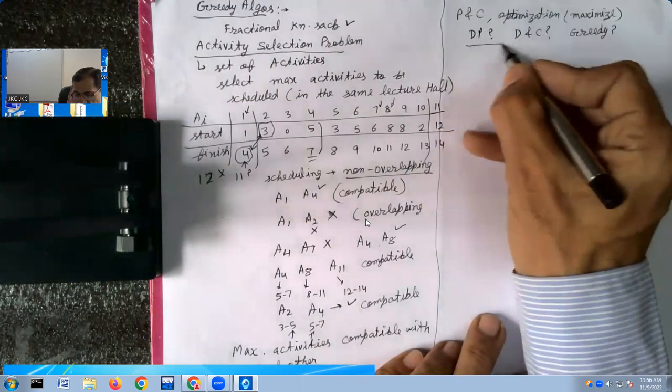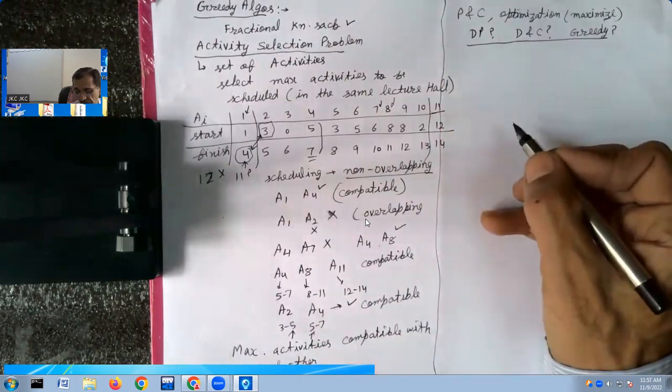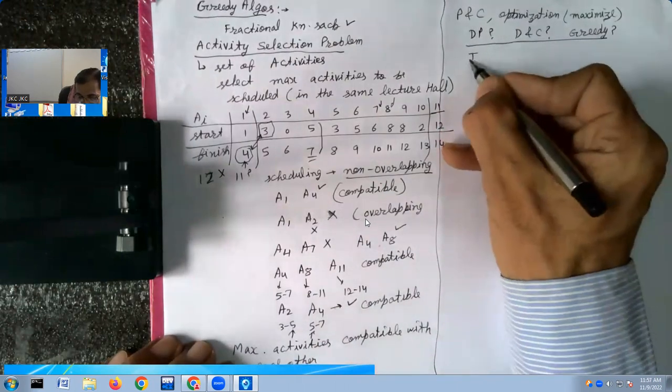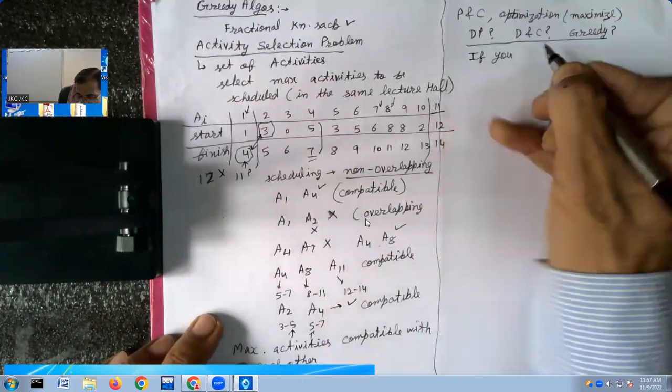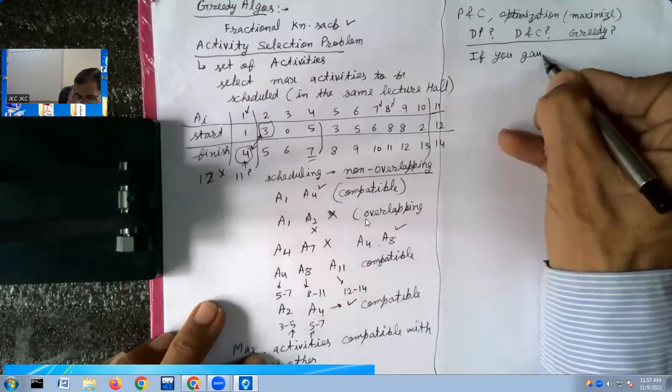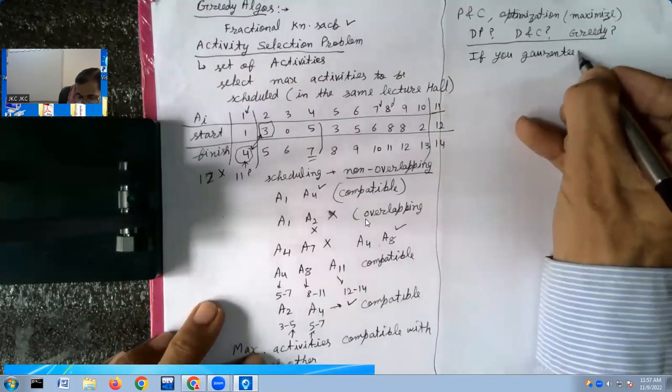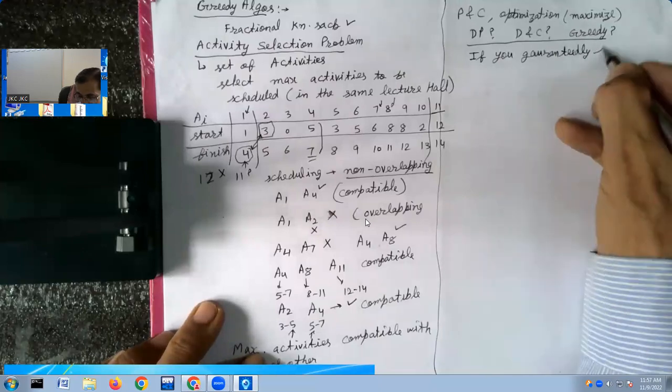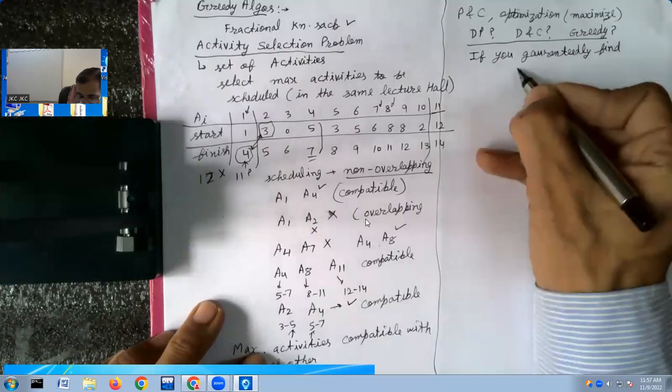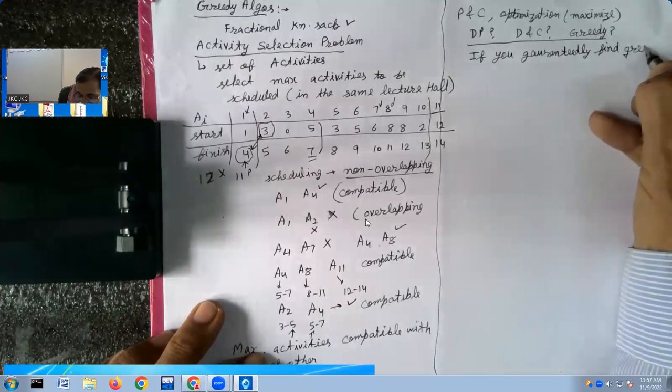Yes, you have to probably think of this. Now, if you can find the best greedy choice, if you can guaranteedly find a greedy choice, obviously this is best.